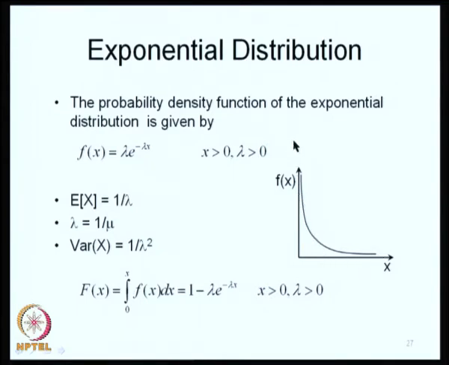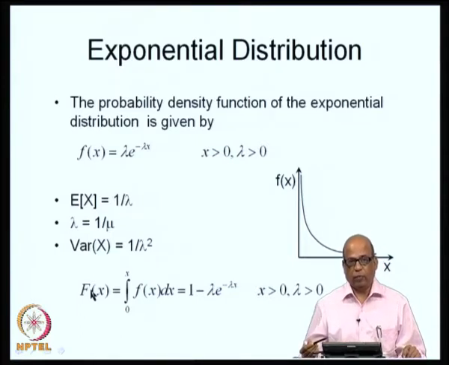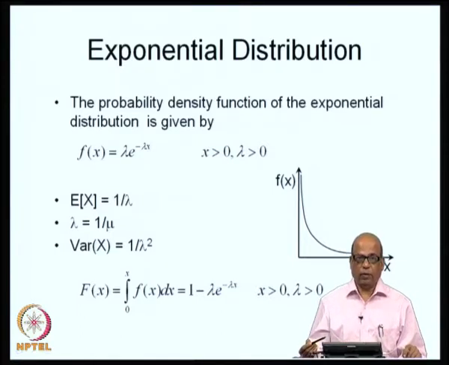The CDF of x, which by definition is the integral between 0 and x of f of x dx, will turn out to be 1 minus e to the power minus lambda x, defined again for x greater than 0 and lambda greater than 0. Once you define the CDF of x, you can talk about associated probabilities, such as the probability of x being less than or equal to a given value of x and so on.